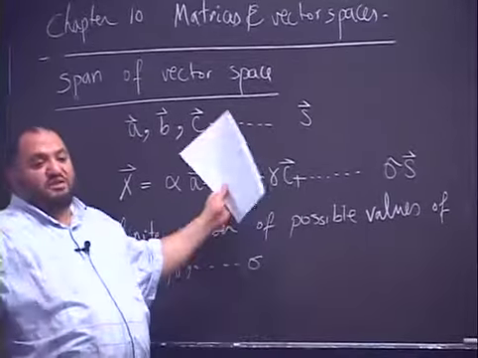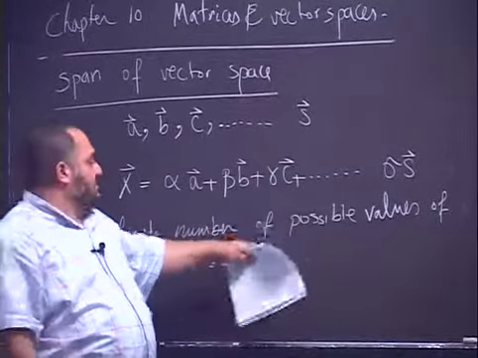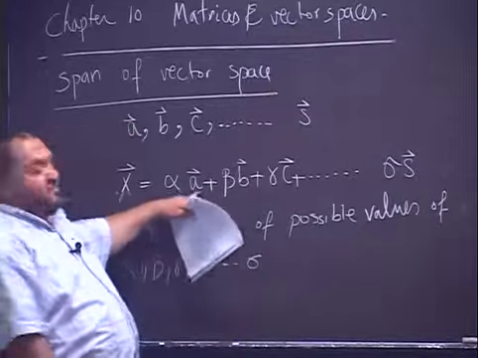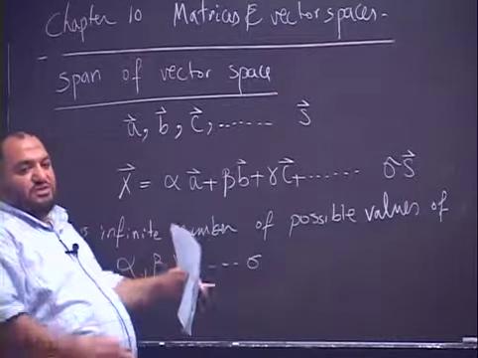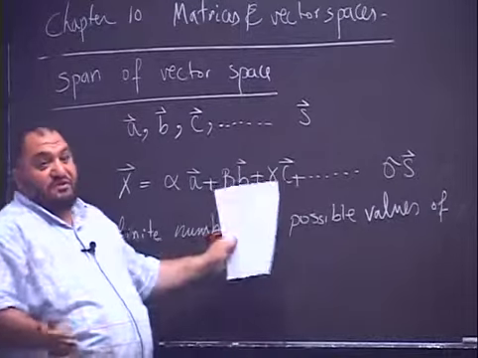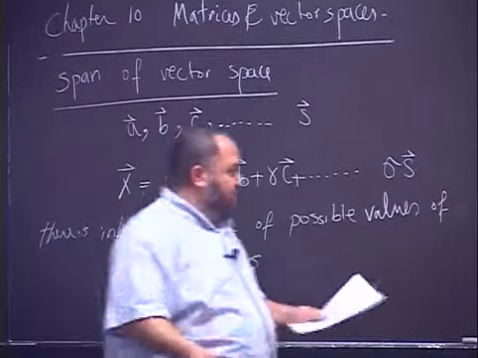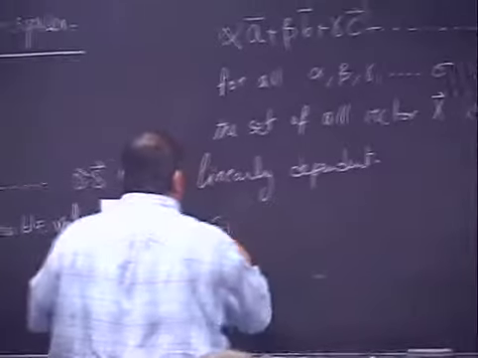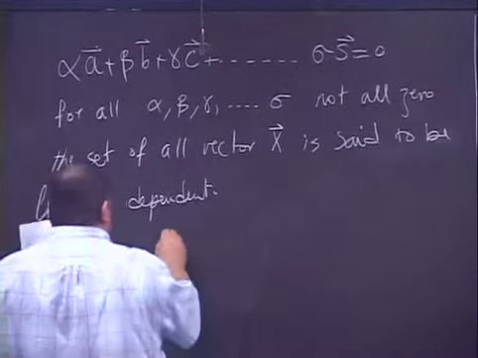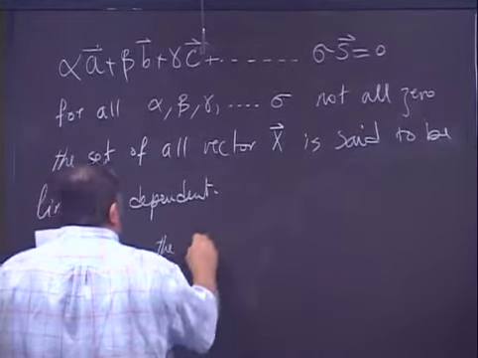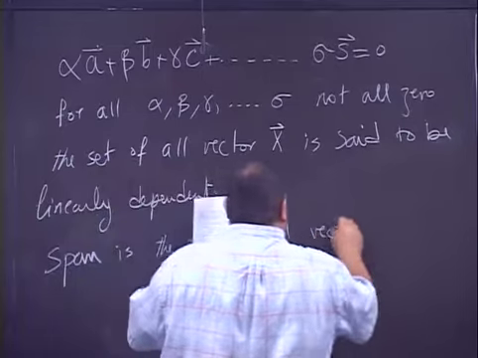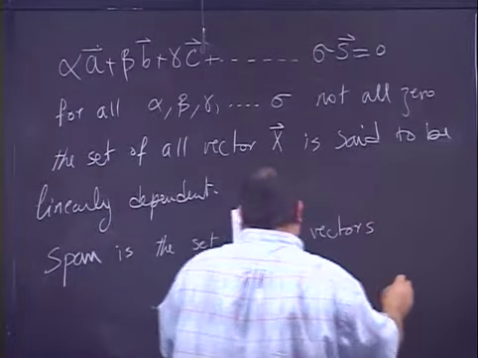Here we have, let's say, infinite possibilities. But if you have a finite number, say 10 of those vectors, the span will be 10. If you have 15, it will be 15. If 100, it will be 100. If infinite, it will be infinite. So the span is just the set of all vectors x.